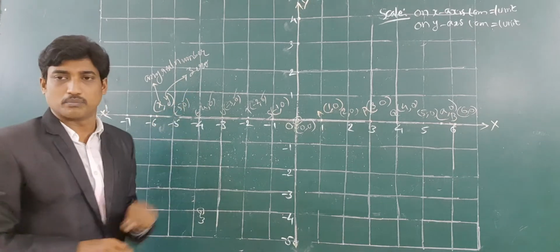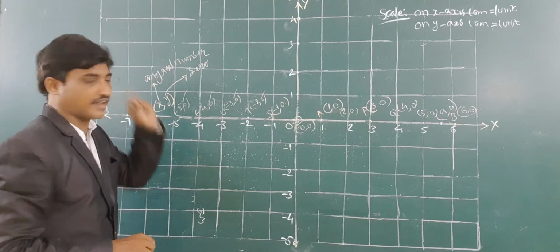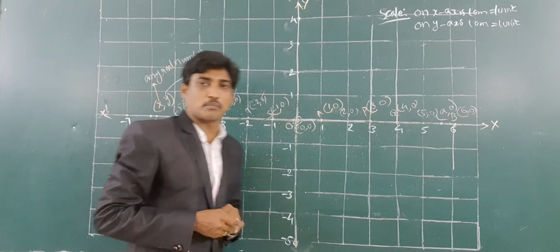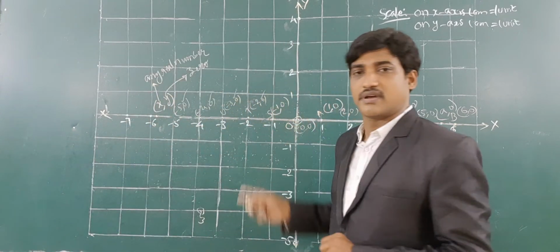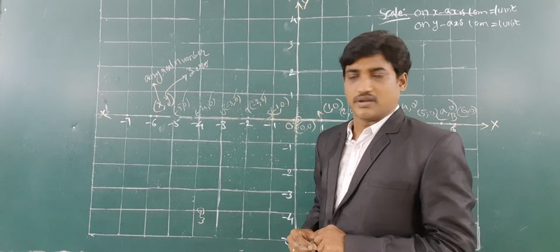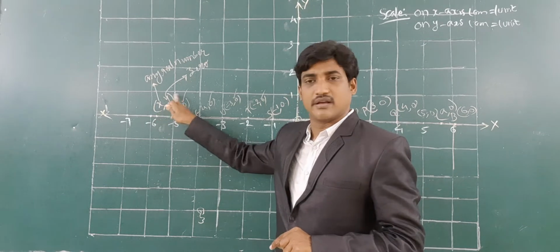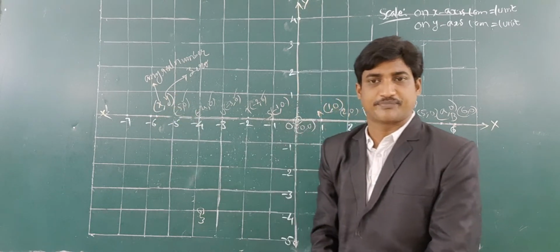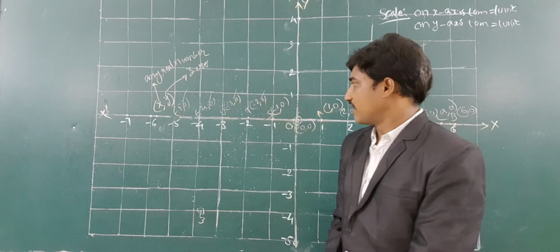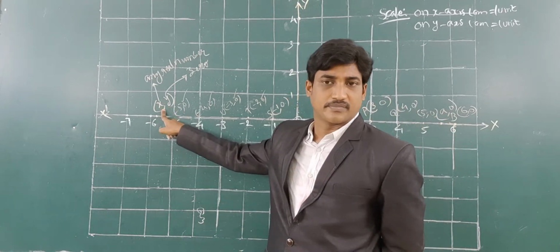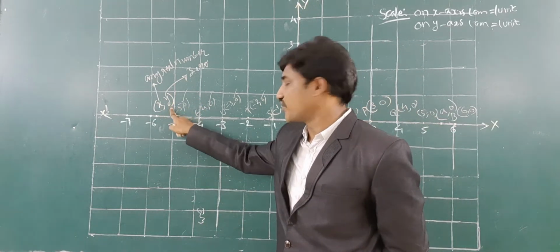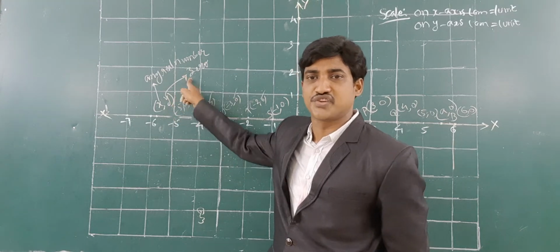For a point (x, y) on the x-axis, x is a real number and the y coordinate is 0.